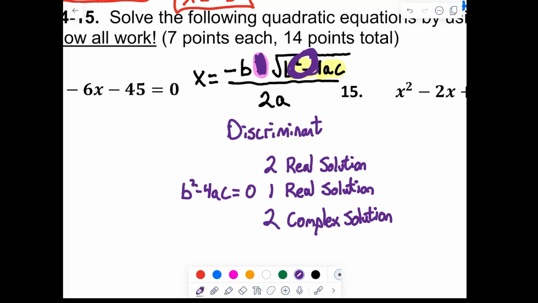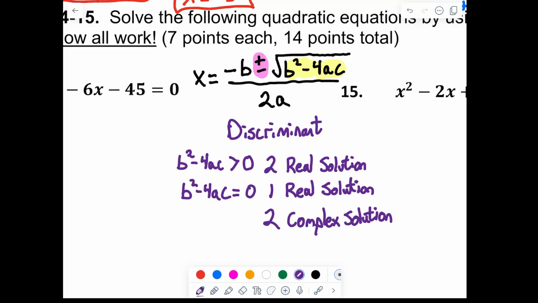Well, if b squared minus 4ac is equal to 0, then this whole thing is going to be 0, the square root of 0.